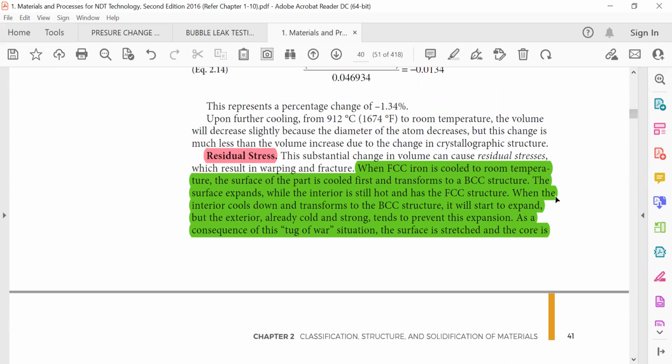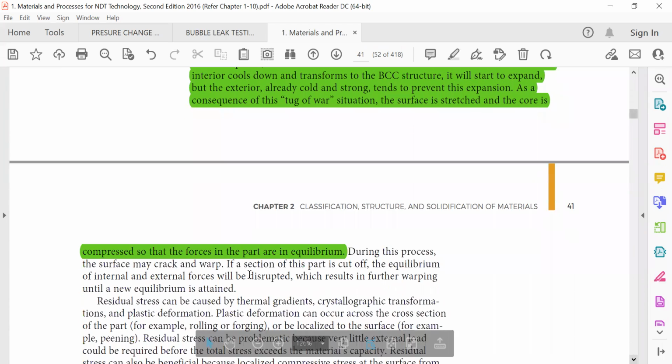When the interior cools down and transforms into BCC, it will start to expand, but the exterior, already cold and strong, tends to prevent this expansion. As a consequence of this tug of war, the surface is stretched and the core is compressed, so that the forces in the part are in equilibrium.